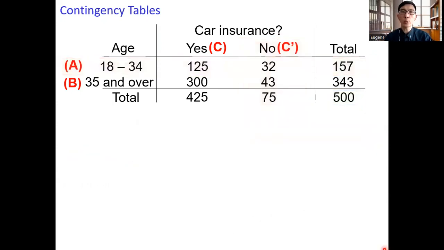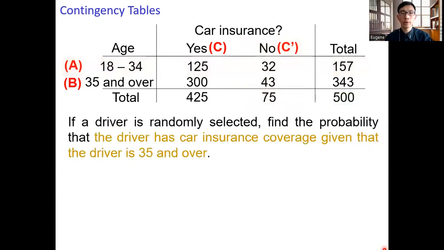Let's move on to the next one. If a driver is randomly selected, find the probability that the driver has car insurance coverage given that the driver is 35 and over. In this question, we need to find a conditional probability.